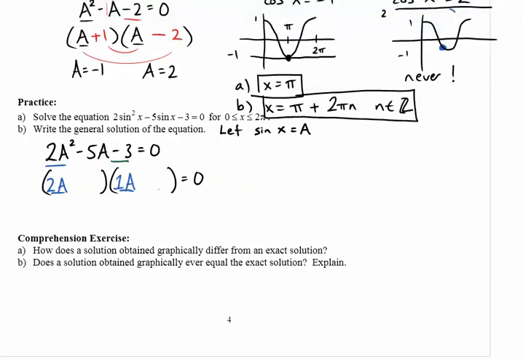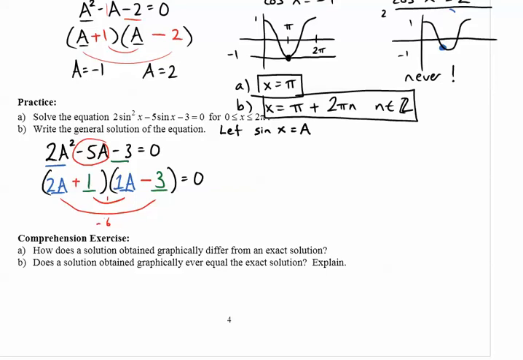Okay, my two last numbers have to multiply to 3. So that would be 3 times 1. I've got no other options. And then my inner and outer numbers have to add up to negative 5. So let's see. Here I've got 6. Here I have 1. So if my 6 was negative and my 1 is positive, then I would get negative 5.